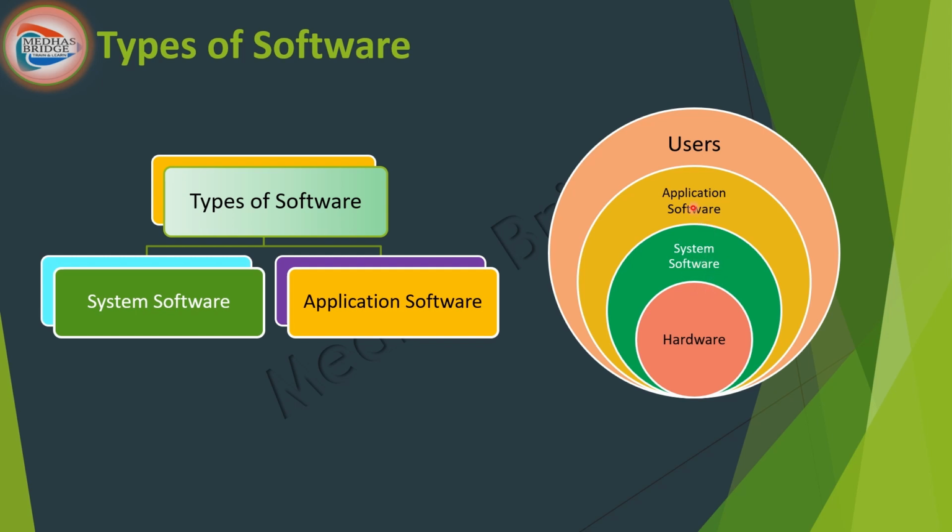There is no direct connection between the application software and hardware. Make a point. And users, like we are, interact with the system through the application software. That is how you have to abstract yourself: hardware, system software, application software, and how users are interacting with your system altogether.